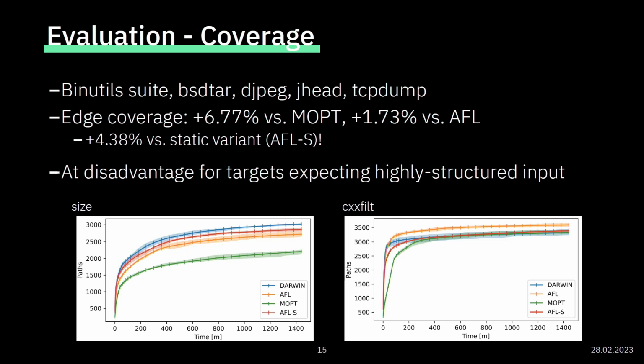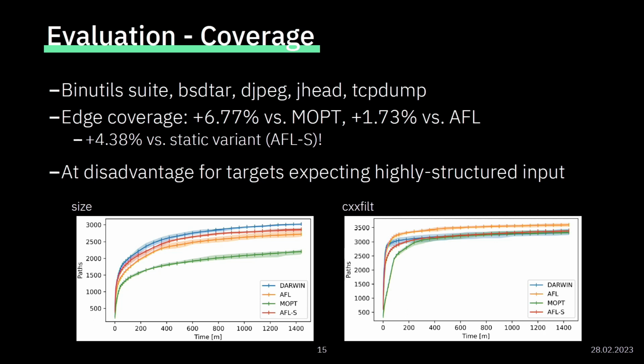First a coverage experiment, but with a specific focus. We did our coverage setup based on binutils, but also on other targets used in related work, and repeated it on 10 runs for a 24-hour campaign. We saw that edge coverage shows an improvement over the baseline, but also over related work.